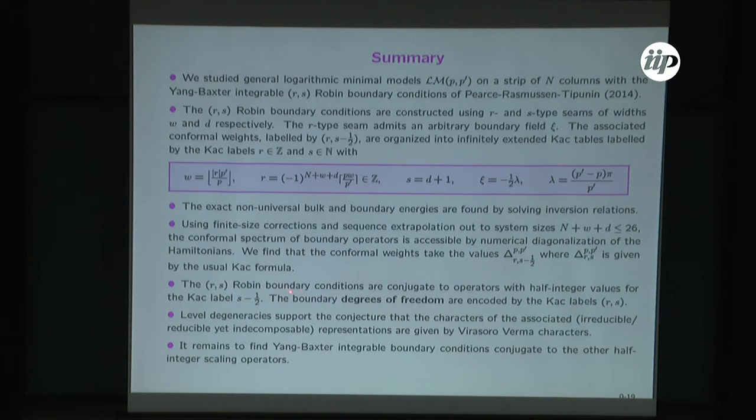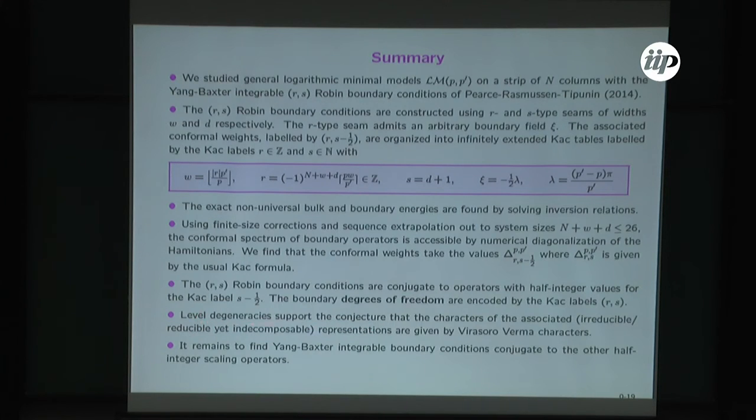So the RS Robin boundary conditions are conjugate to operators with half-integer values in this infinitely extended Robin Kac table. So indeed, the degrees of freedom are encoded by R and S, the labels of the construction of the boundary condition.